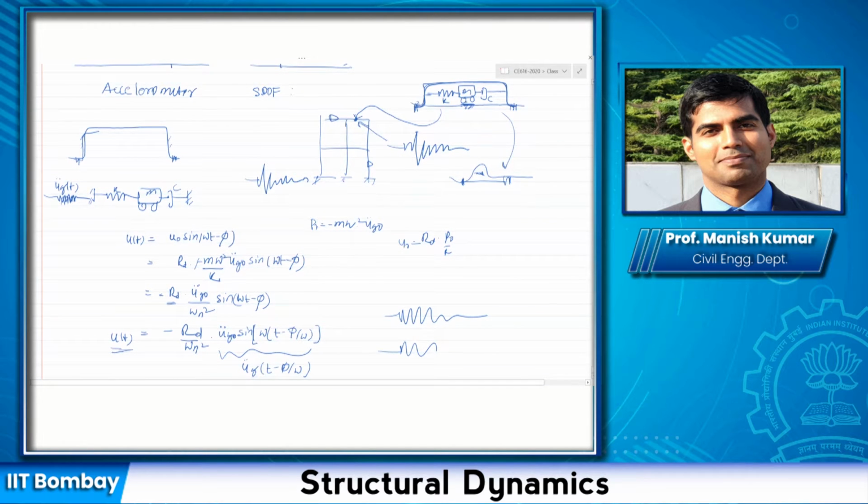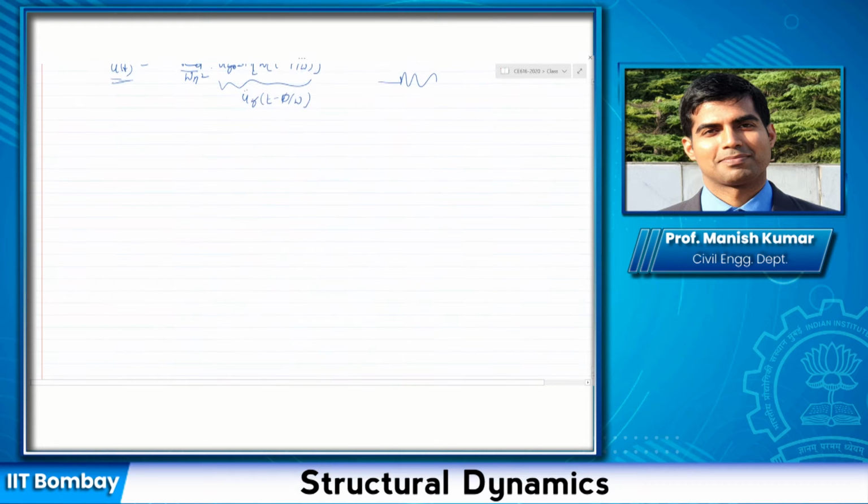At the base of this spring mass damper system, we can attach either a digital reader or, in the old days, simply ink was used. Let us say this is the top view of the system, something like this, and then there is a rolling paper.